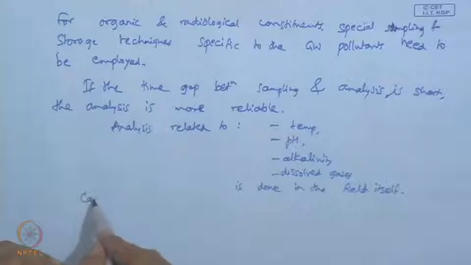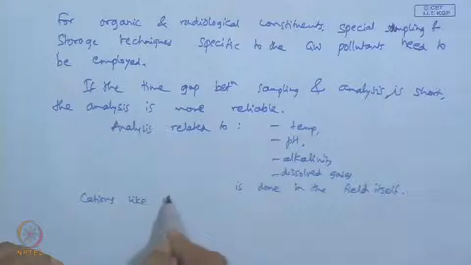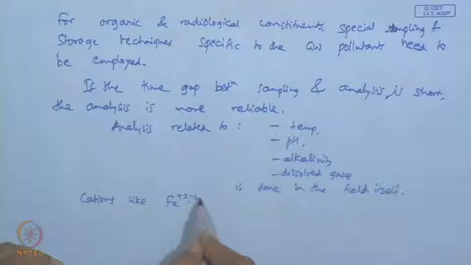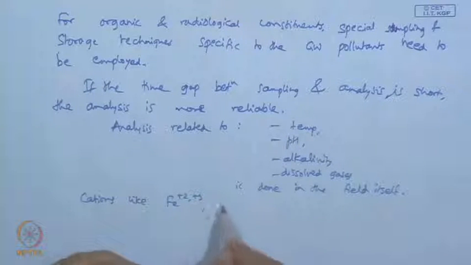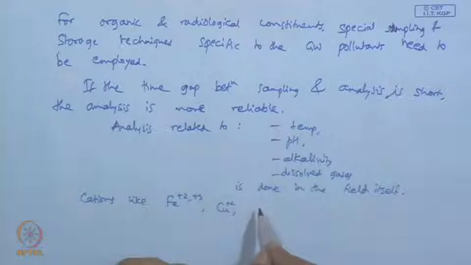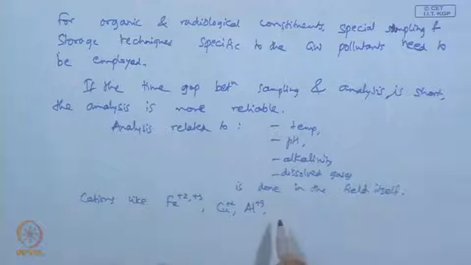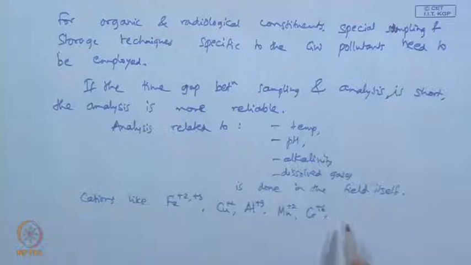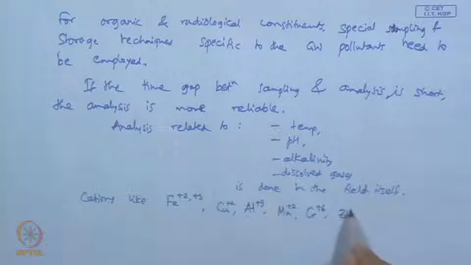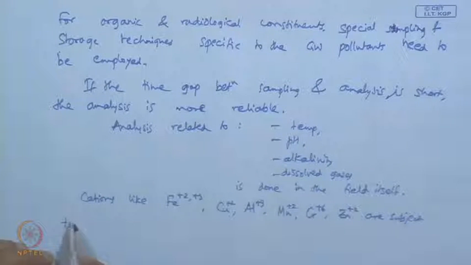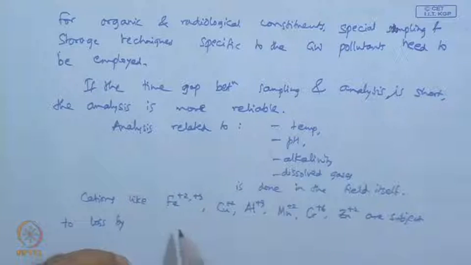So, cations like Fe plus 2, plus 3, ferrous, ferric, Cu, then aluminum, manganese, chromium, zinc, are subject to loss by adsorption.